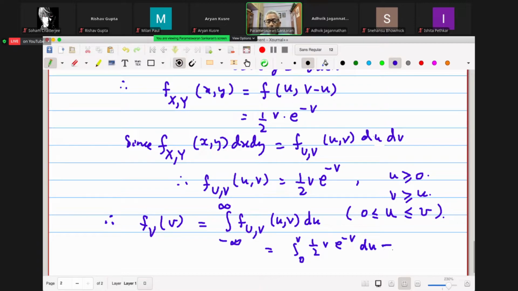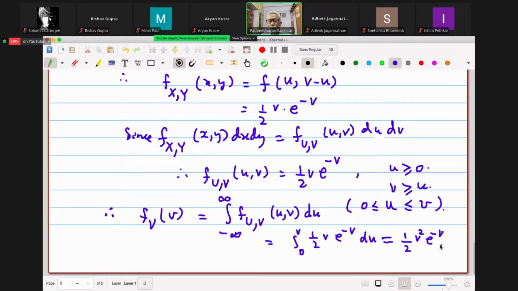So how does this work out? This is equal to 1 half v e power minus v times the length of this interval, which is v, and therefore this becomes v square.